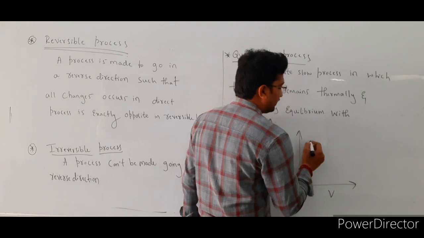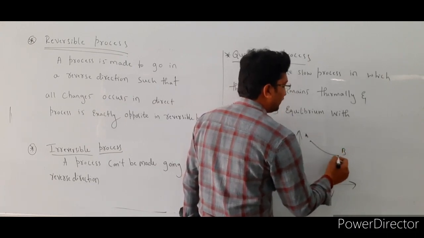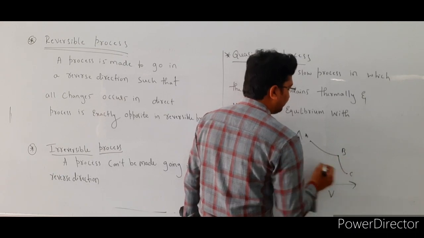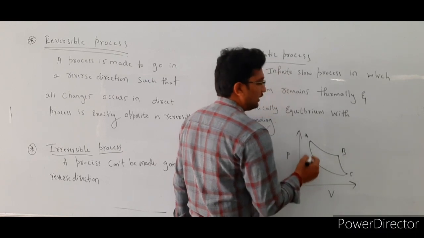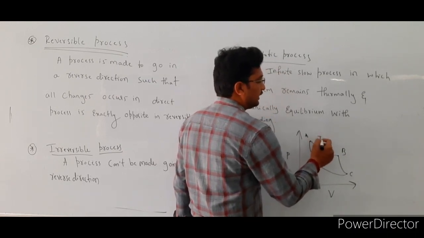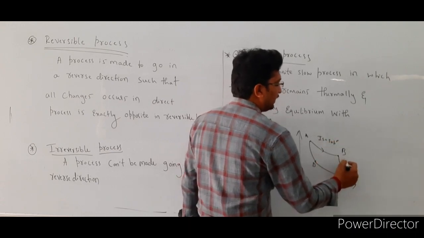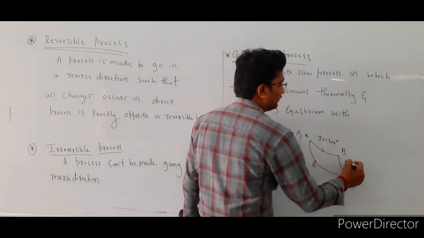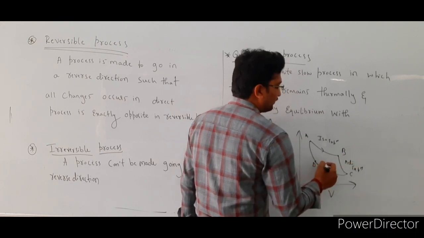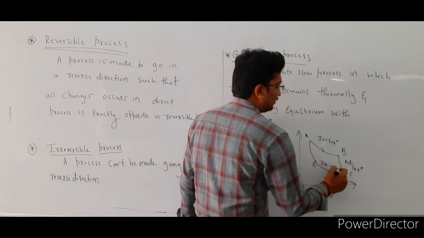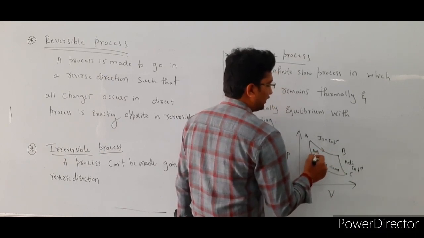This is the initial state, represented by point A, this is point B, this is point C, and this is point D. The AB curve indicates isothermal expansion, the BC curve indicates adiabatic expansion, this is isothermal compression, and this is adiabatic compression.